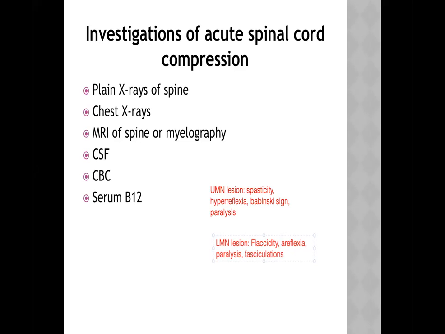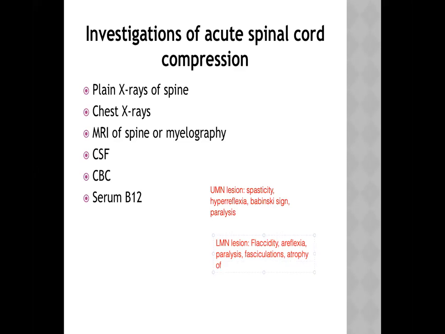Fasciculation is a fibrillation or twitching of the muscle fibers. And one important point: over a period of time, because of the loss of the lower motor neuron, the muscle will become atrophied. So let me write that also here.